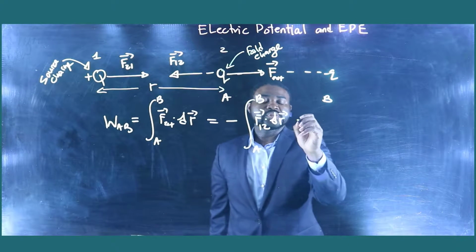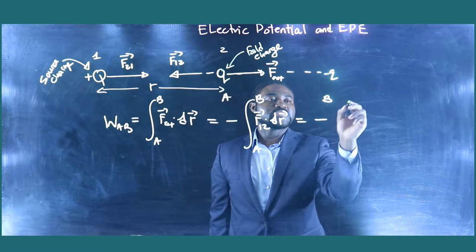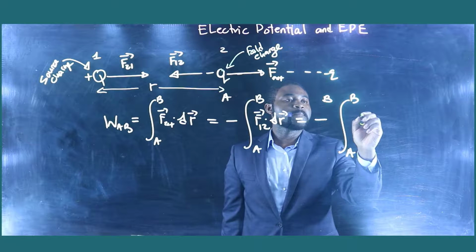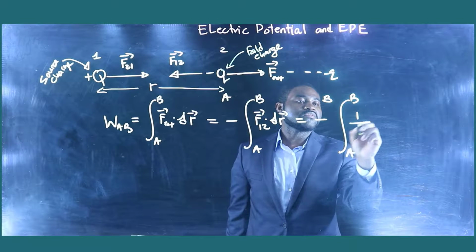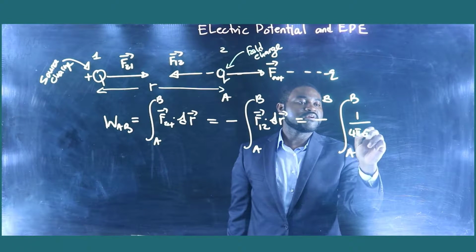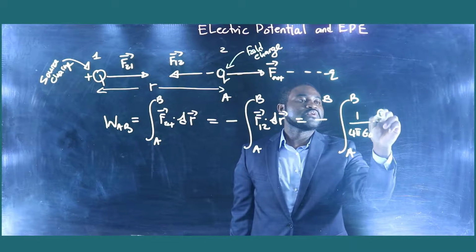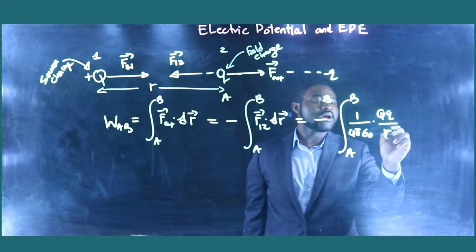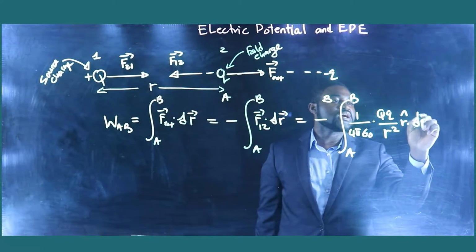And since both are vector quantities, we introduce a negative sign. Now, from Coulomb's law, we know that the force F12 is given by 1 over 4 pi epsilon naught Qq all divided by r squared r cap, dr bar.